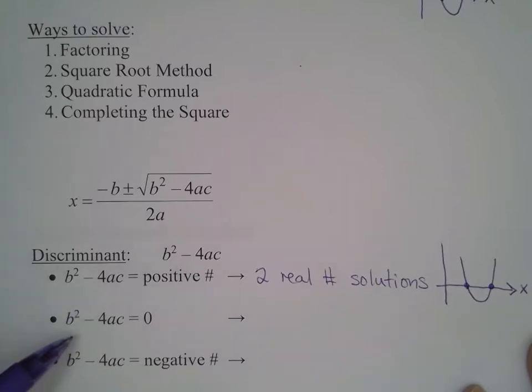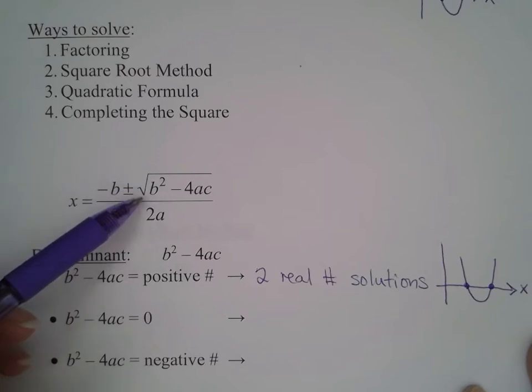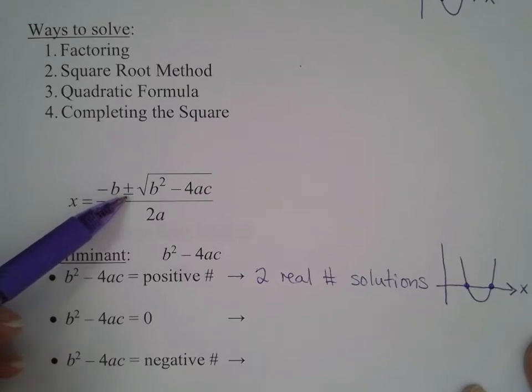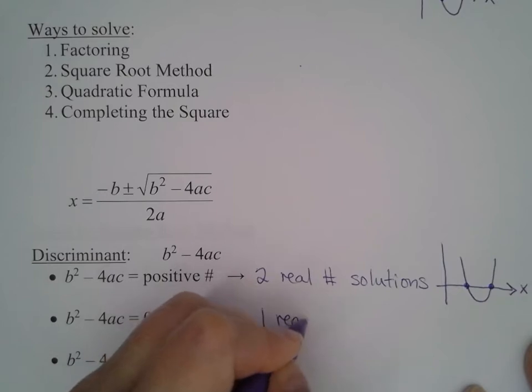Okay, if the discriminant is 0, that means this whole square root part is 0. So the plus or minus doesn't really have an effect in that case. It's plus or minus 0, which doesn't change anything. So we end up with just 1 real number solution.